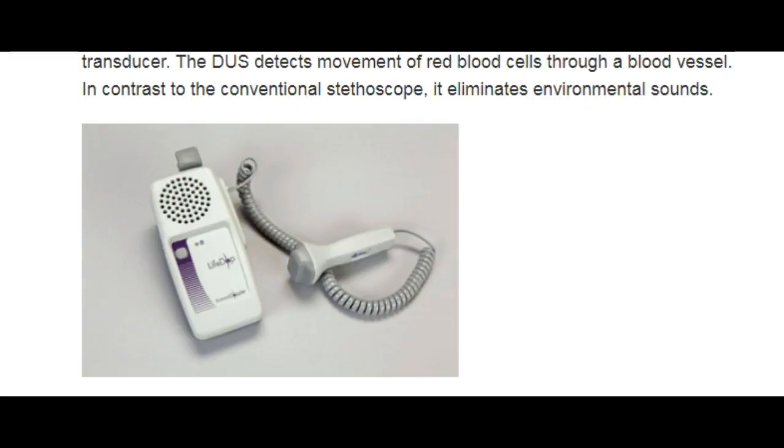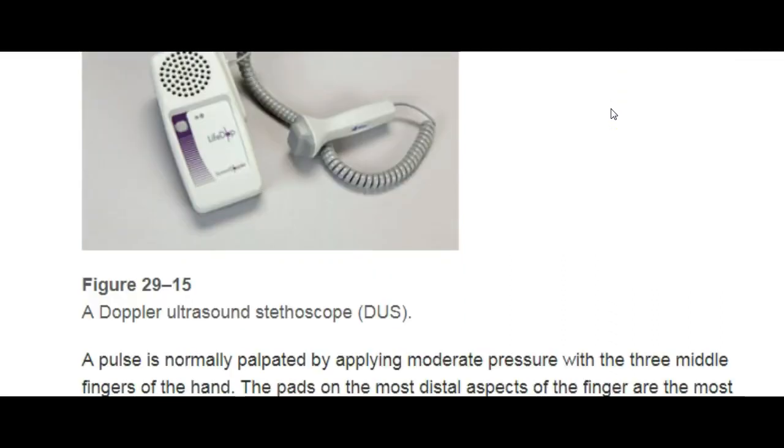This is one of the Doppler ultrasounds. Some have Doppler ultrasound stethoscopes as well. I just wanted to point that out to you. And that last sentence: it detects movements of red blood cells through a blood vessel.